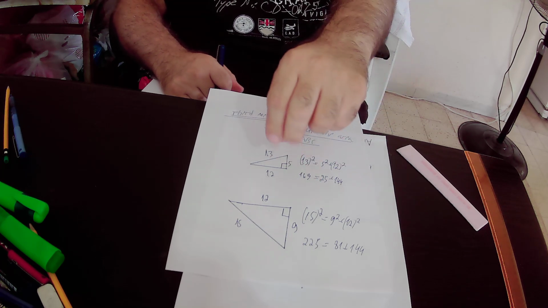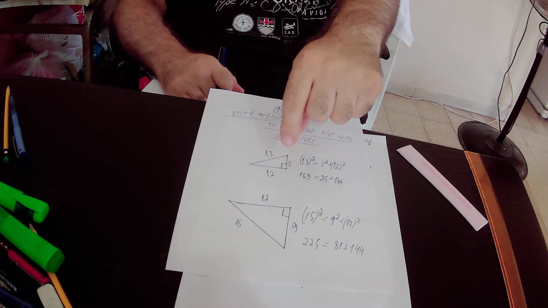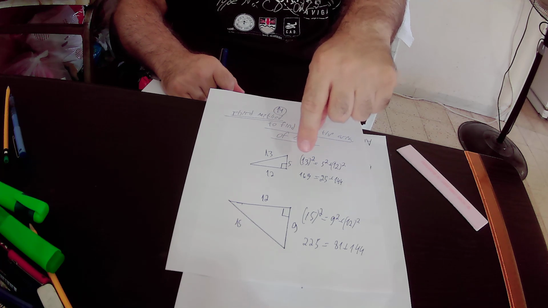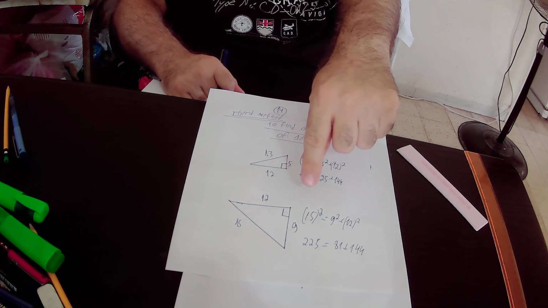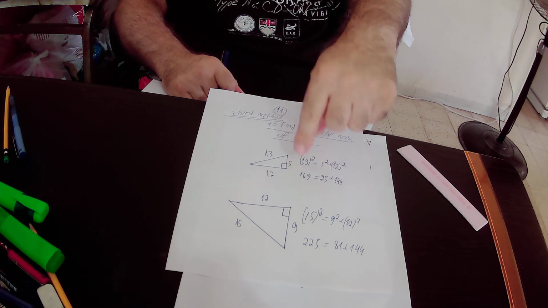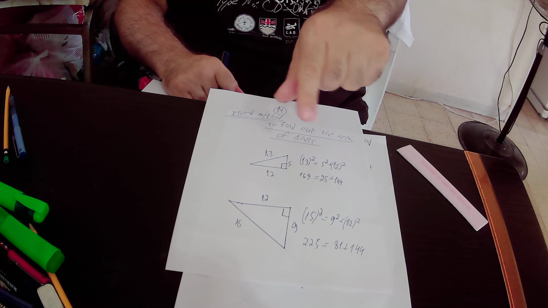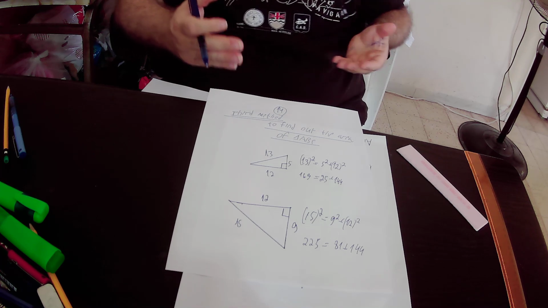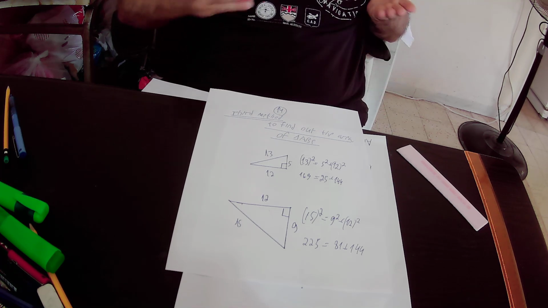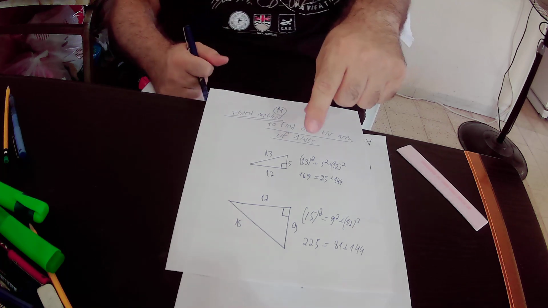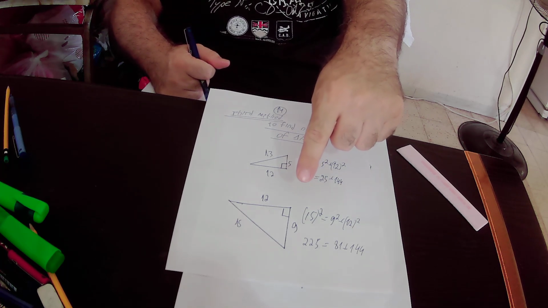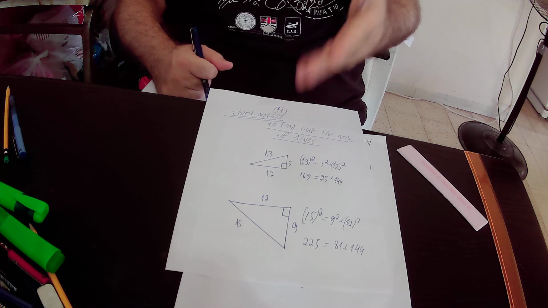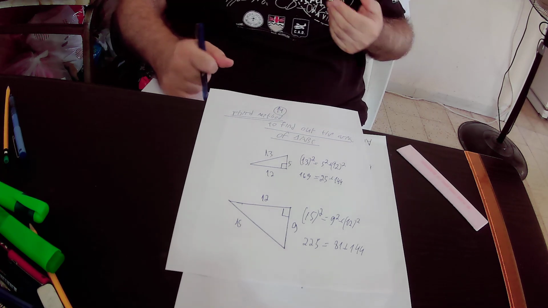Because if we combine together these two right triangles, we will get exactly the original triangle, triangle ABC, because this side will be equal to 9 plus 5, which is 14 units, this side equals 13 units, and this side equals 15 units. It is exactly the same triangle, triangle ABC. And again, in this way, we proved that if the base of triangle ABC is 14 units, then the height to the base is 12 units, and in this way we can calculate the area of triangle ABC.